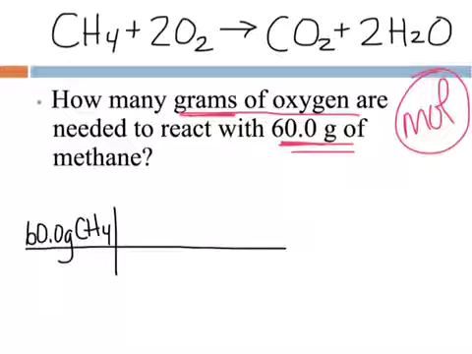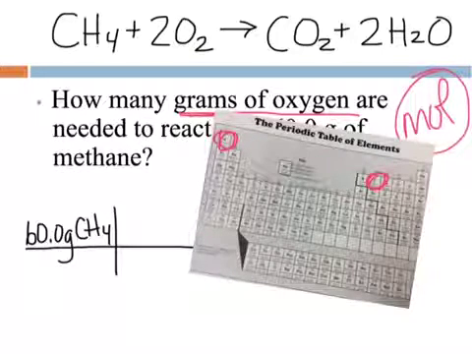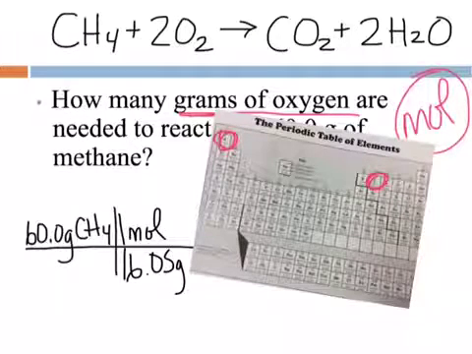In order to get from grams of methane into moles of methane, I need to look on my periodic table. So I've got 1 carbon, 4 hydrogen, which will give me a mass of 16.05 grams per 1 mole of CH4.